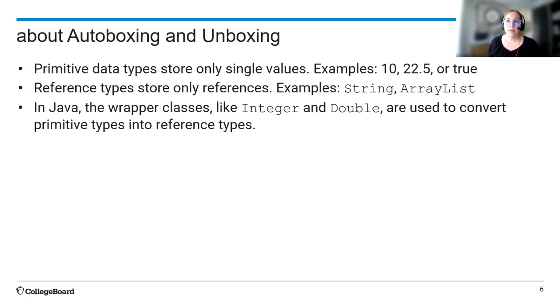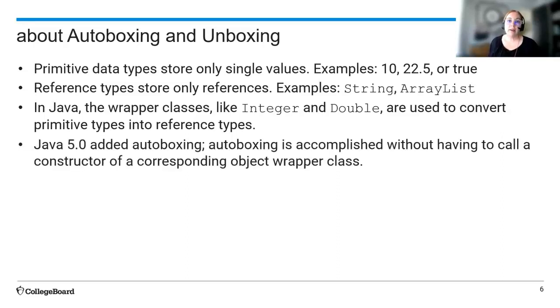In Java, the wrapper classes are used to convert these primitive types into reference types. Java 5 added autoboxing as an automatic process that makes it quick, easy, and seamless for the programmer to use both types of information in our program statements.